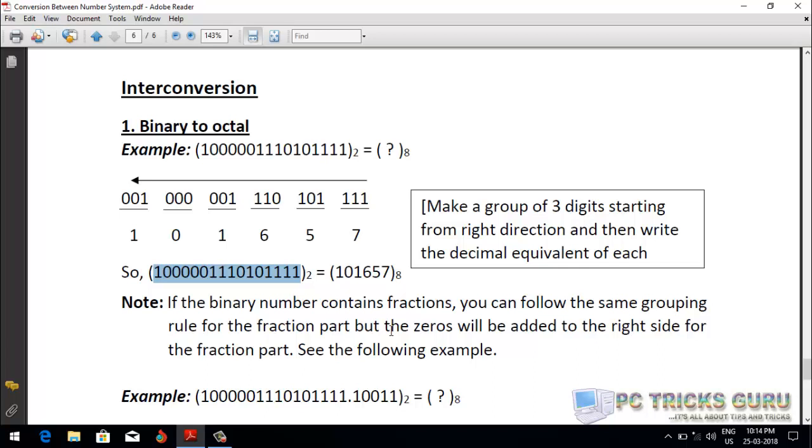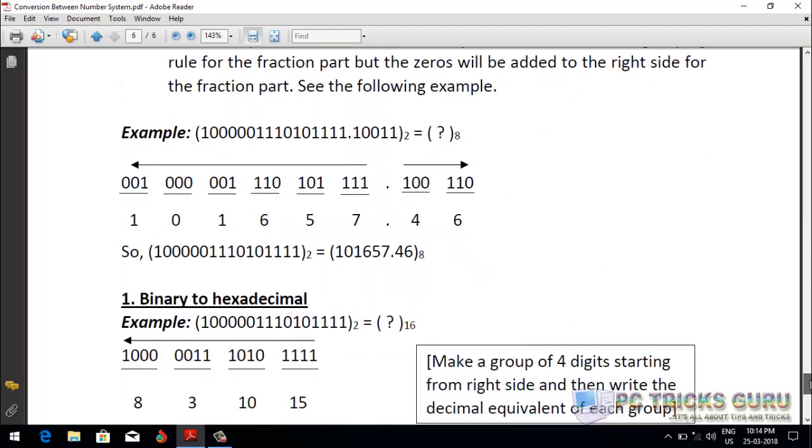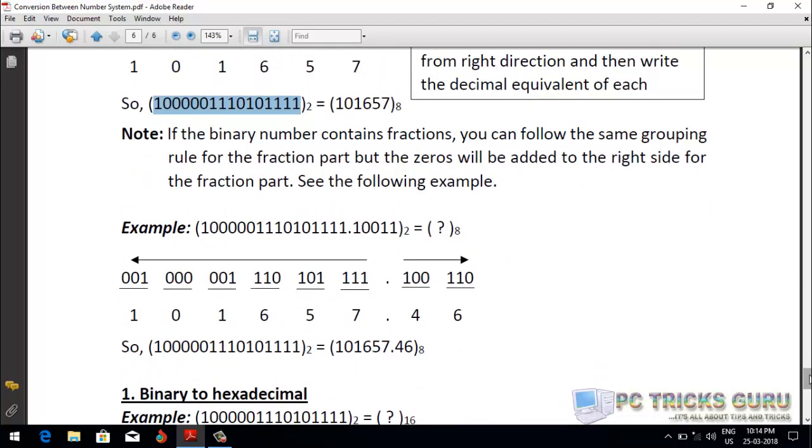And if the binary number contains fractions, you can follow the same grouping rule for the fraction part, but the zeros will be added to the right side of the fraction part. See the following example. This part you already know how to convert, but for the part that is on the right side of the point, we have to follow a slightly different method. Instead of going from right to left, we have to go from left to right during the conversion, and instead of adding the zeros before the number, we have to add the extra zeros after the number.